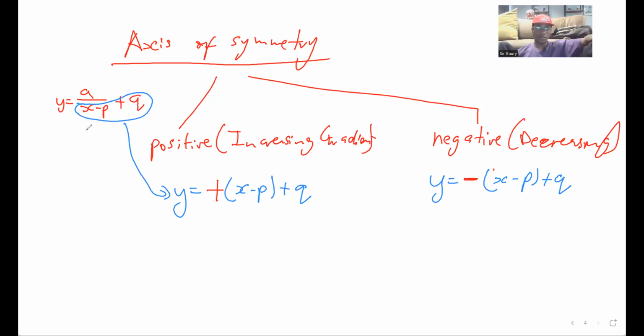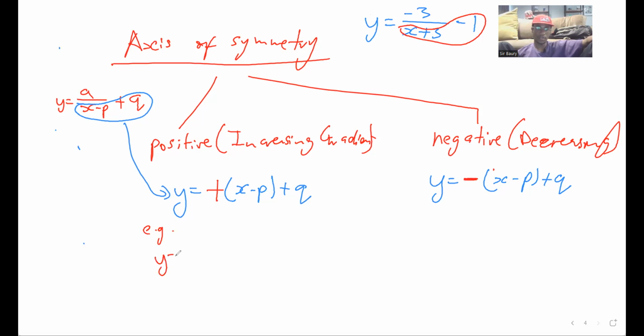What that means is we have our example here: y is equal to negative 3 over x plus 3 minus 1. So that's what we take here. We take everything here for the positive gradient.